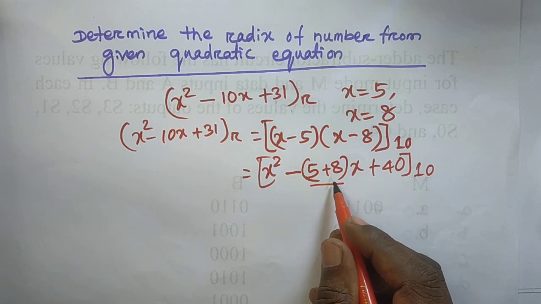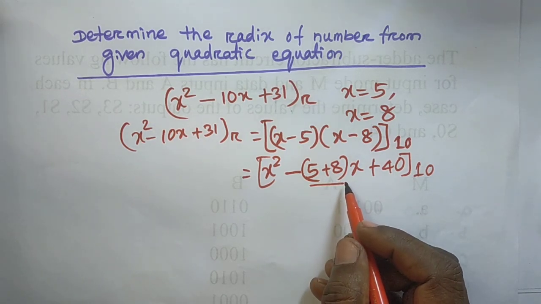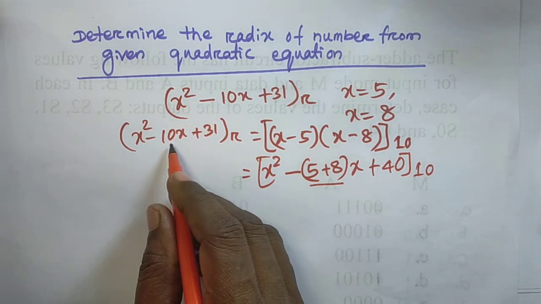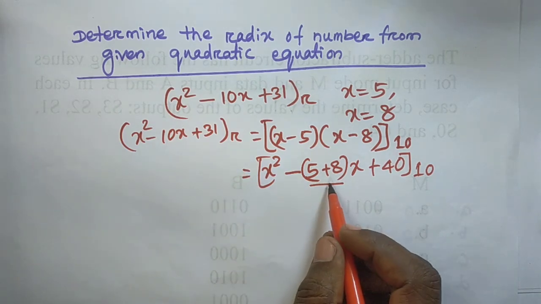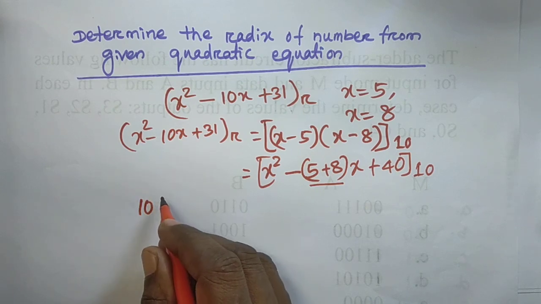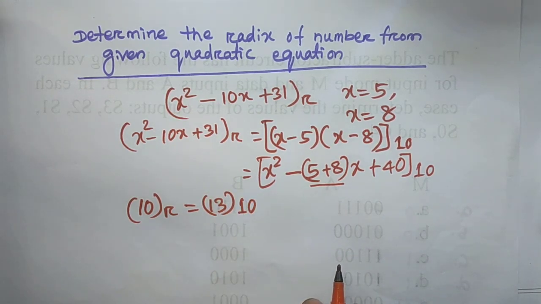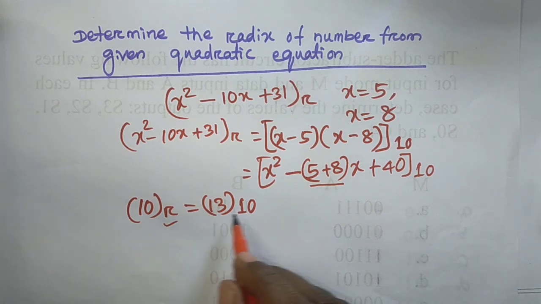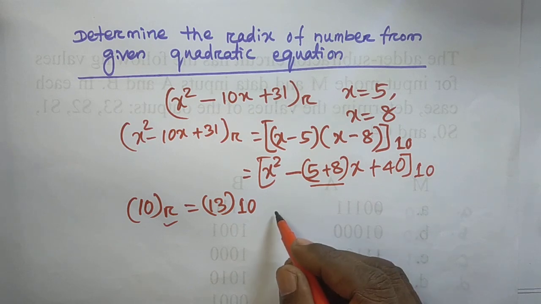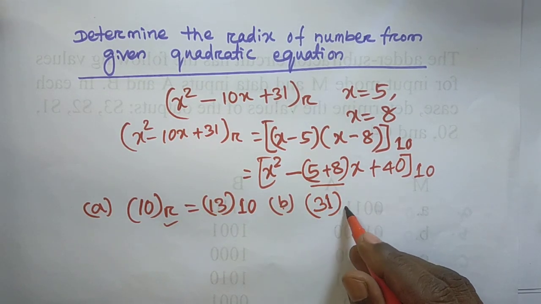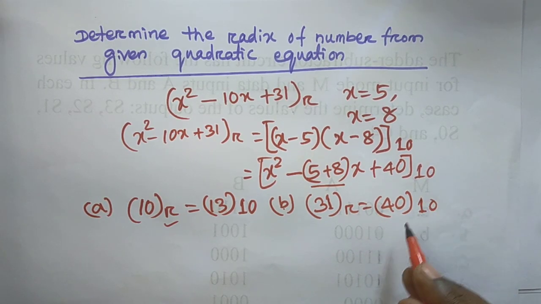Therefore the x coefficient is 5 plus 8, that means 13, and the constant is 40, having base 10.